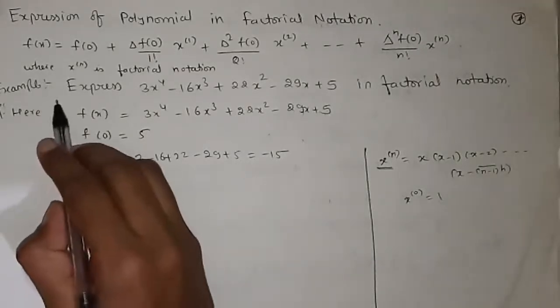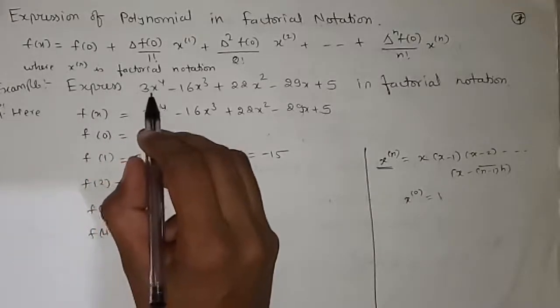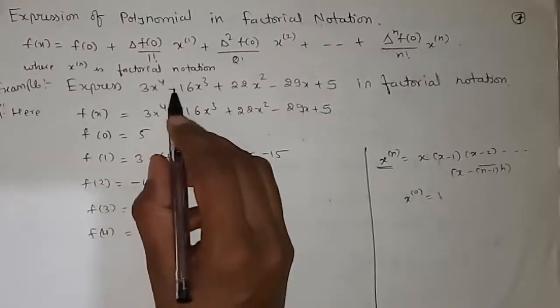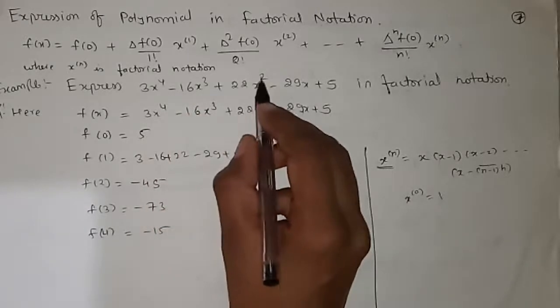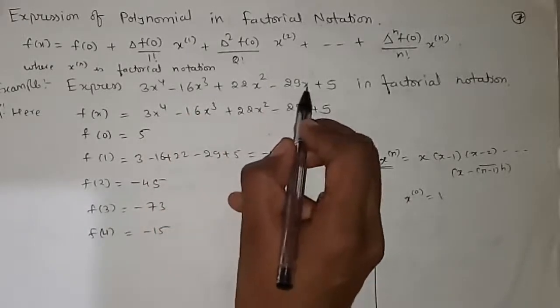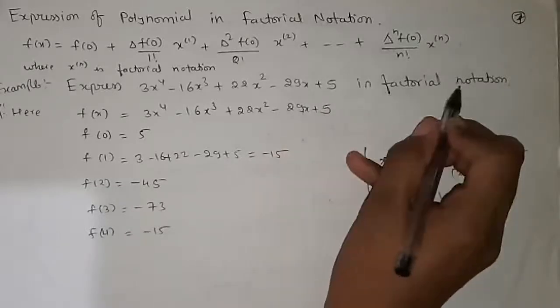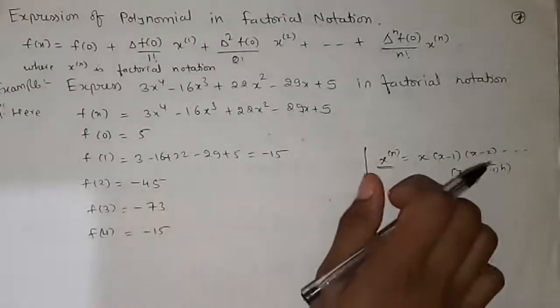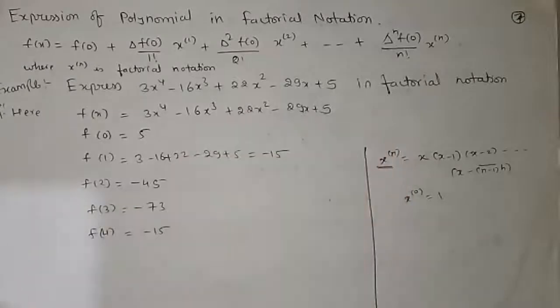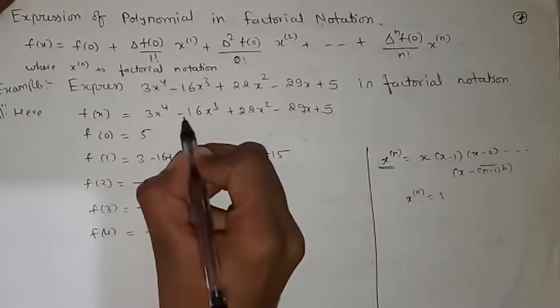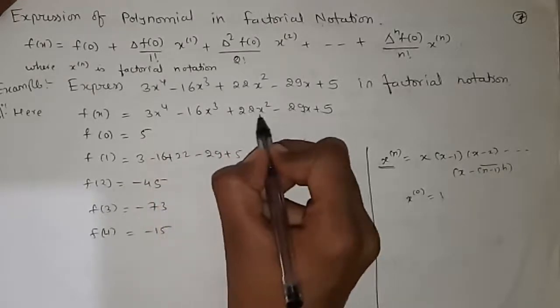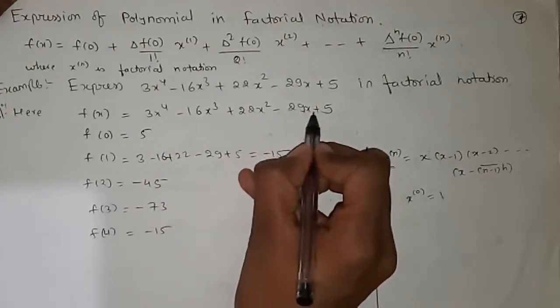So our first question is: express 3x raised to 4 minus 16x cube plus 22x square minus 29x plus 5 in factorial notation. So we can see our f of x is 3x raised to 4 minus 16x cube plus 22x square minus 29x plus 5.